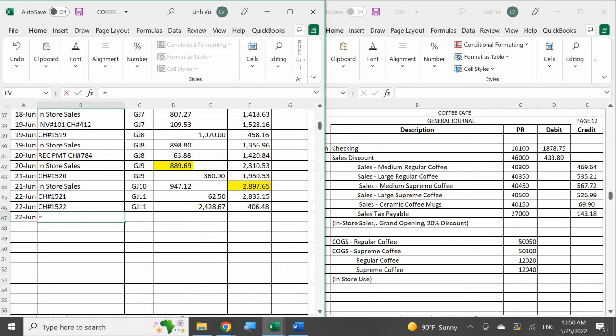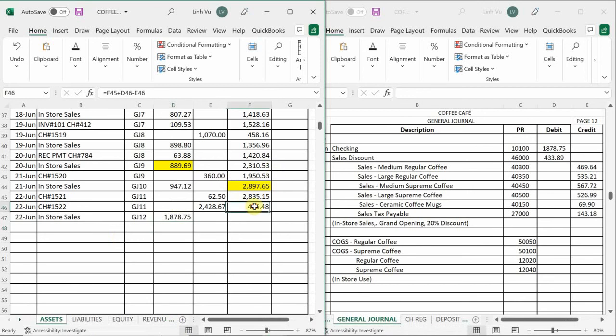We are on General Journal page 12, and we increased it by $1,878.75. Okay. So that should give me a new grand total in my checking account to be $2,285.23.